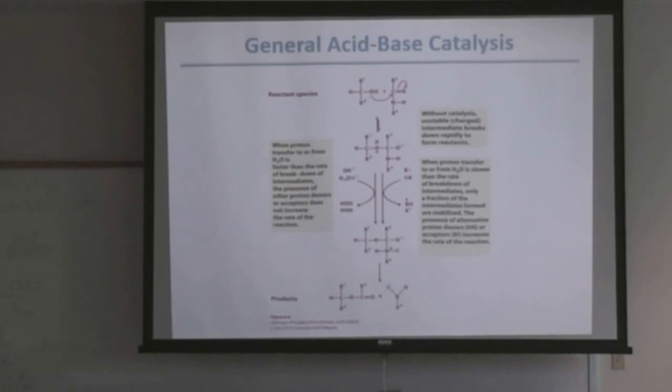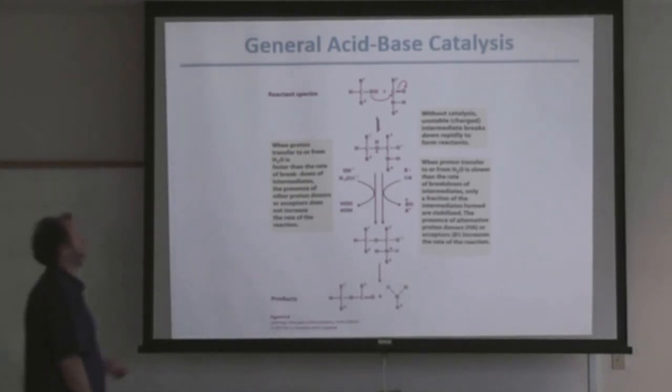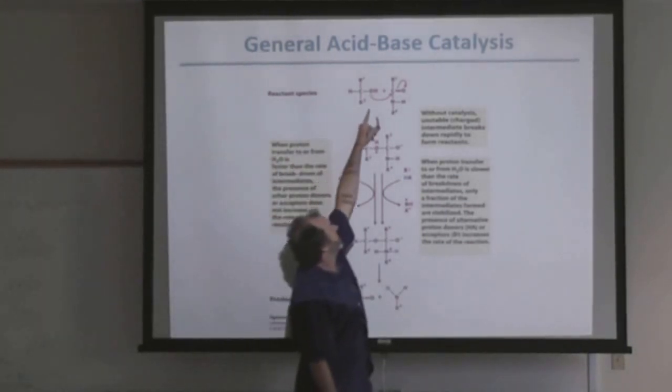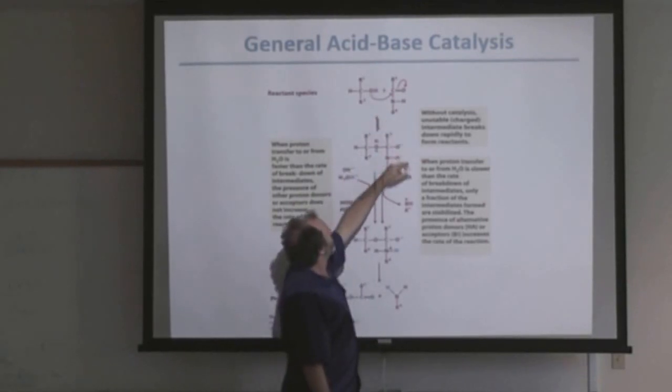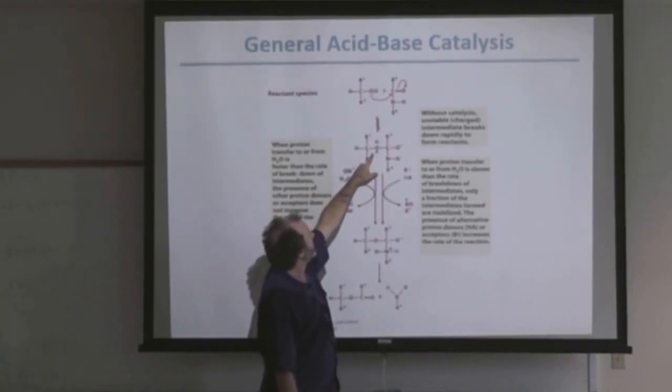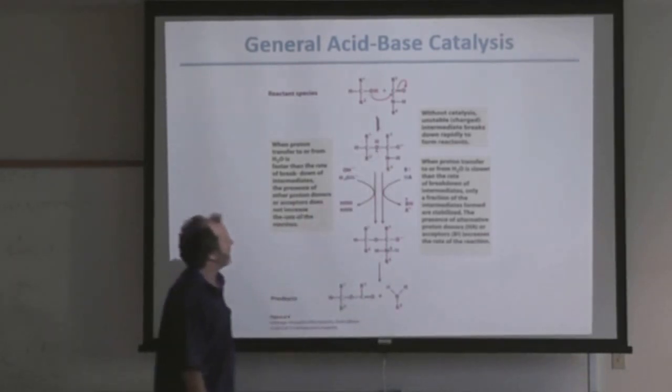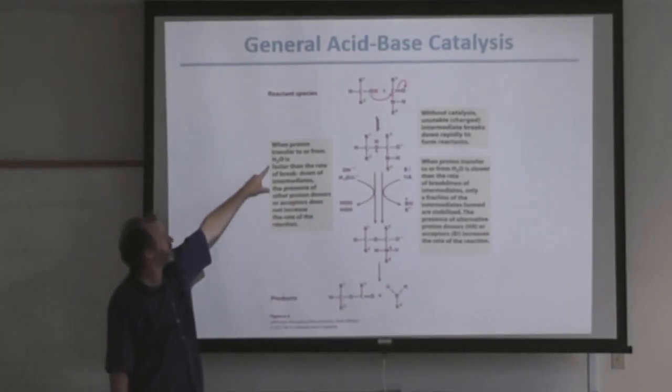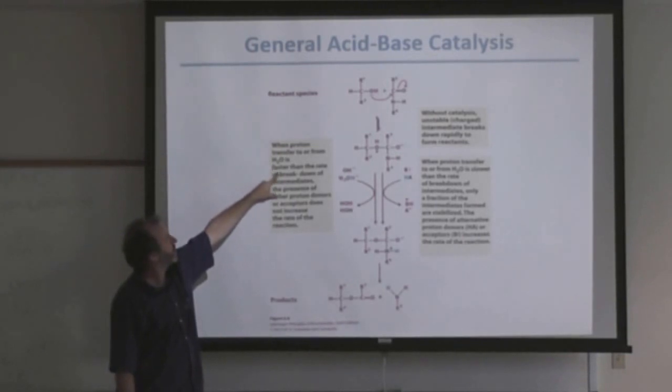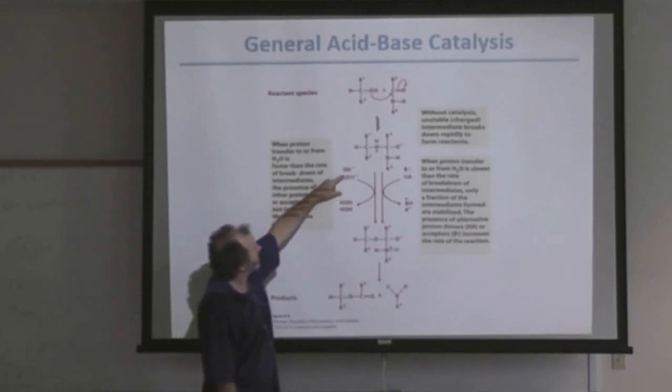So here's an example of acid-base catalysis. You've got some acid, and it's going to react with the carbonyl group. Then you have a transition state with this, and it's going to be unstable. So a proton transfer to or from water is faster than the rate of breakdown between the intermediates.